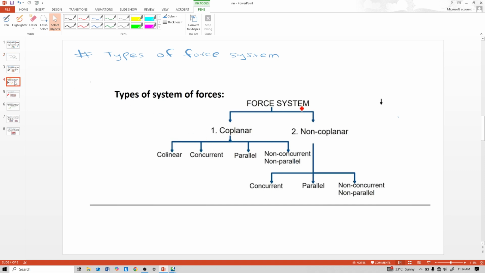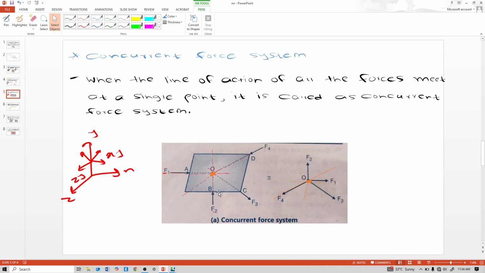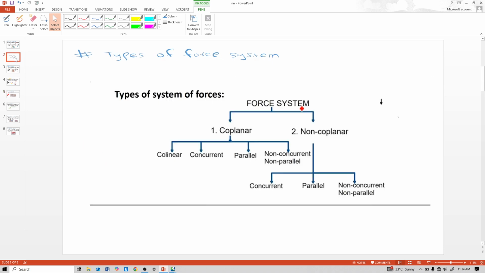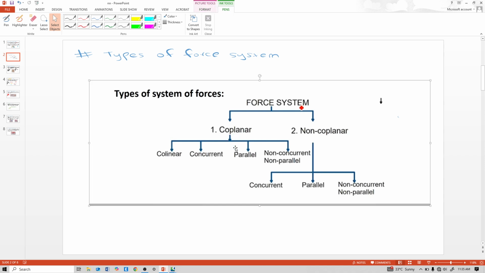See here also, this image is also a coplanar concurrent force system. I explained this already. Now coplanar parallel force system: in only one plane there are parallel forces, either in the xy or xz plane. Then that is a coplanar parallel force system.